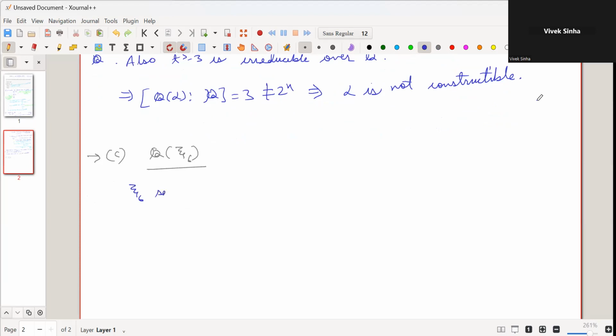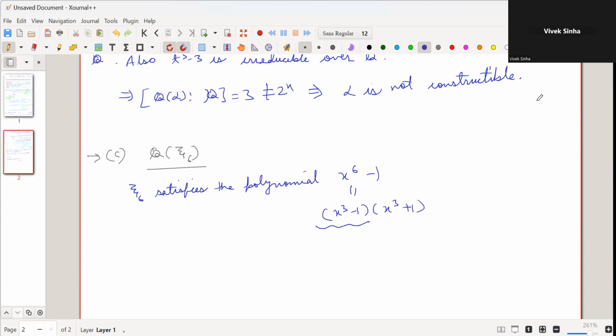So ξ6 satisfies x⁶ − 1 = 0. So this satisfies the polynomial x⁶ − 1, which is equal to (x³ − 1)(x³ + 1).